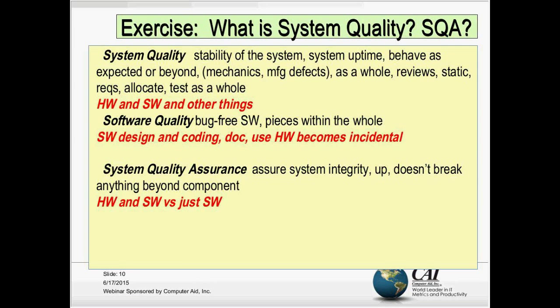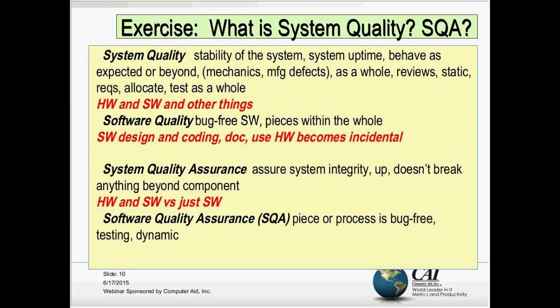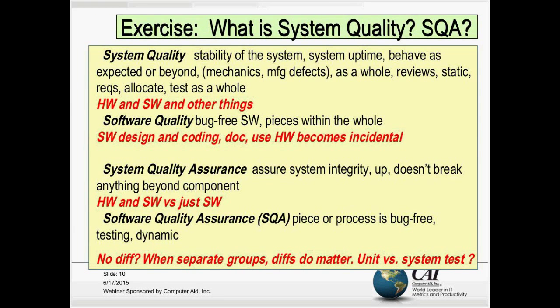Now, for organizations that have separate groups working on system quality versus software quality, these distinctions do matter. For most purposes, certainly for the proactive software quality assurance, the differences really don't matter.